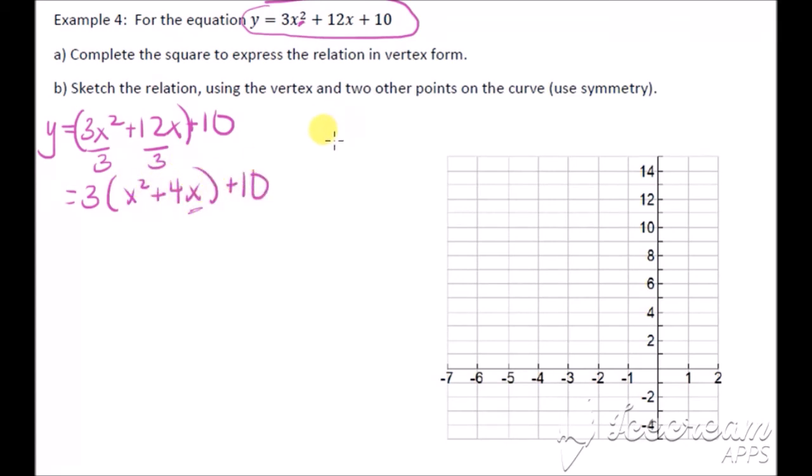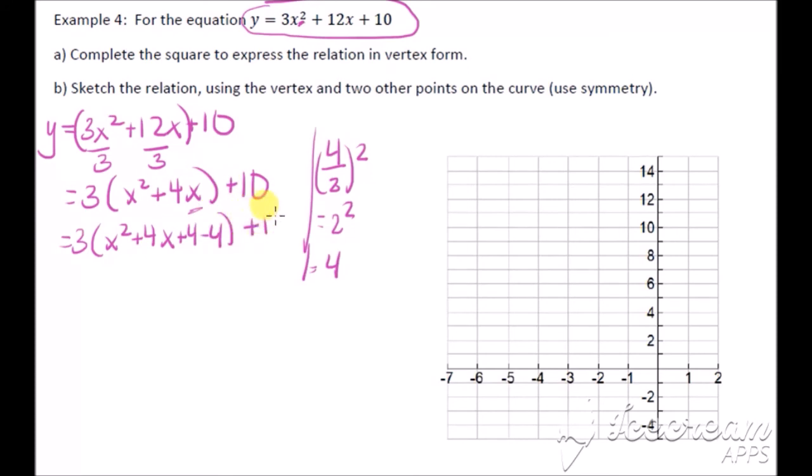Okay, take that x term to the side of your paper, divide it by 2, and then square it. So we get 4 again. So we get x squared plus 4x plus 4 minus 4, okay, and then plus 10. So all we did is we went into the bracket and we added 0, right?